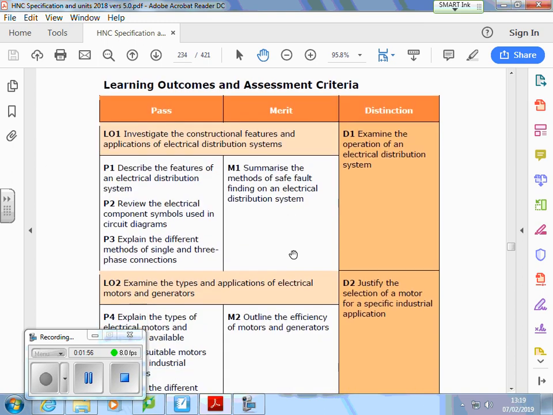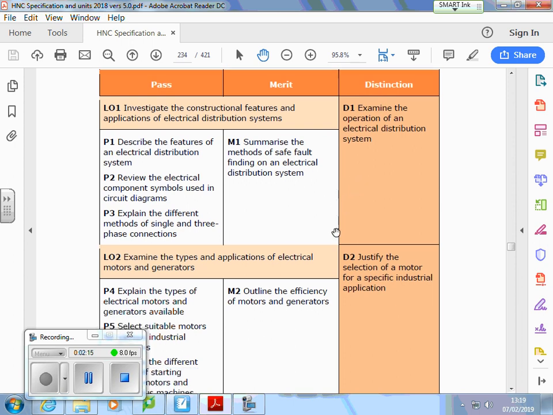Now, in a way, the 4 learning outcomes are quite disparate in that they have 4 separate topics that don't necessarily correlate with each other too much. And that's laid out so you do 4 assignments. You're familiar with how these are laid out, and they are on the assignment briefs.